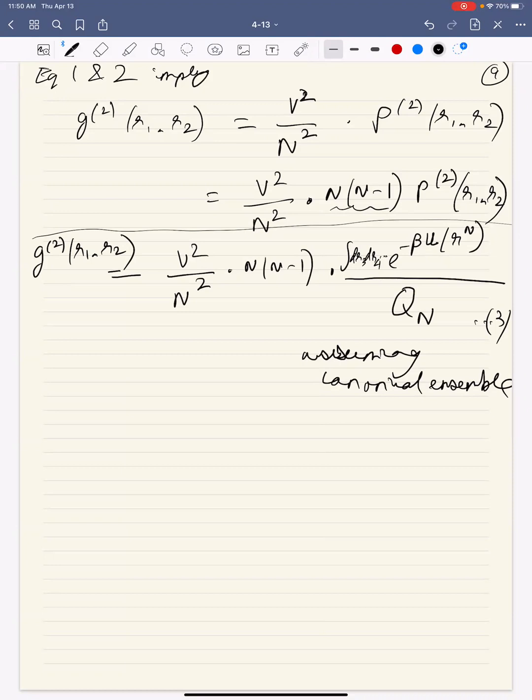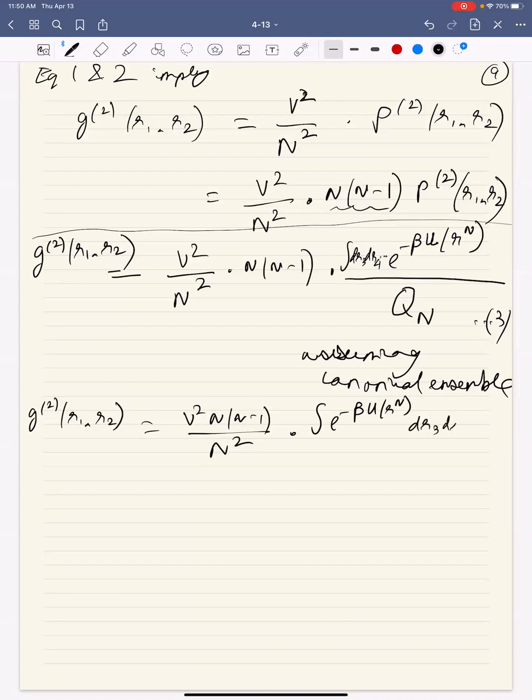Now let's write down Qn also. What is Qn? So G2 of R1, R2 is going to be V square n minus 1 by n square, and all this stuff is going to not matter later. So we'll just keep it in one line, multiplied by integral e to the power minus beta u of Rn dr3, dr4, dr5.